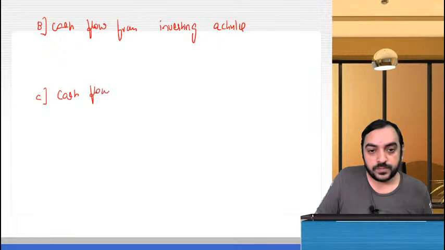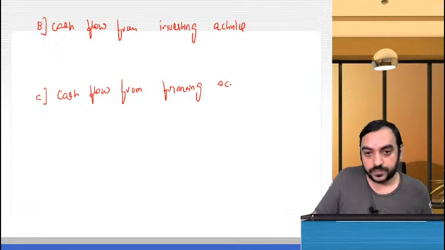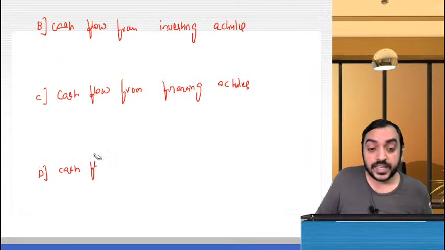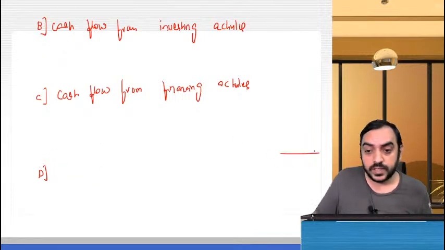Cash flow from financing activities. This also, 3-4 lines is fine. Then net cash flow during the year, after considering all the three.